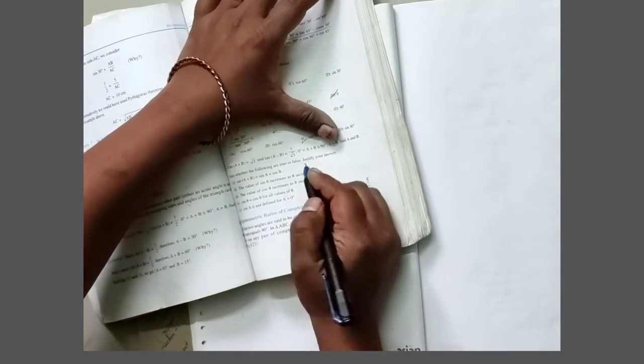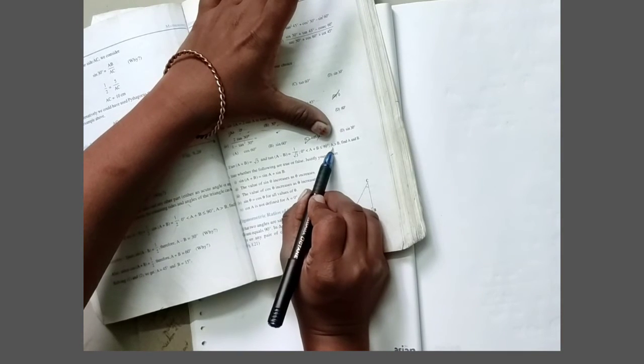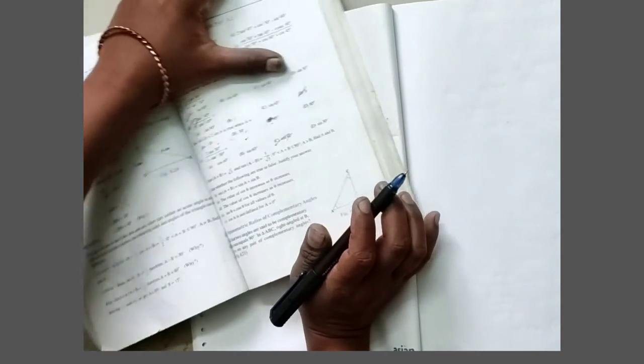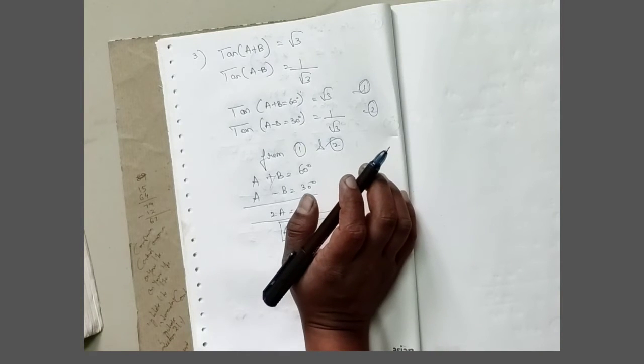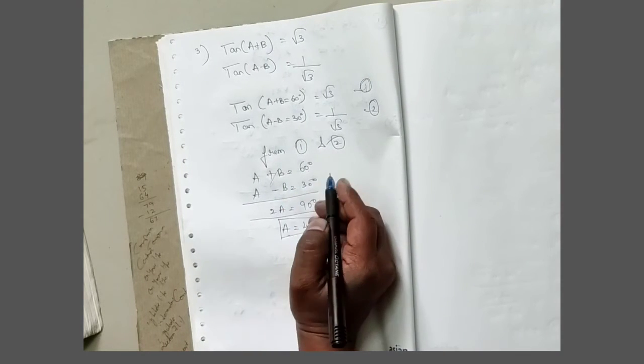They have also given that a plus b is less than or equal to 90 and a is greater than b. So a plus b is less than or equal to 90, which is not more than 90. So a plus b is equal to 60 is the equation here.